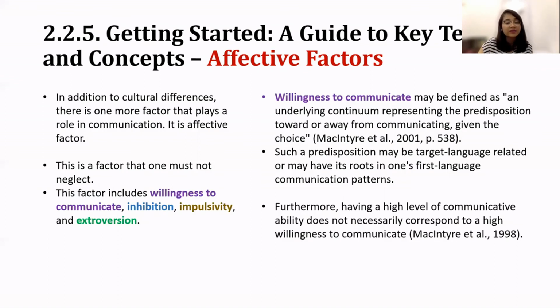Furthermore, having a high level of communicative ability does not necessarily correspond to a high willingness to communicate. So having high willingness to communicate is not equal to high communicative ability, and the other way around. People who have a great communicative ability can still have a low willingness to communicate, and the other way around.